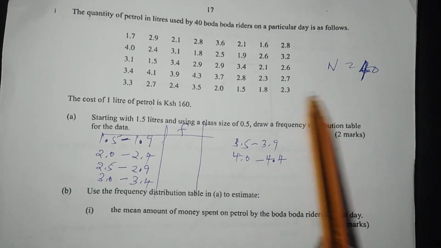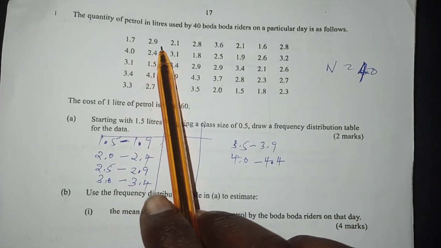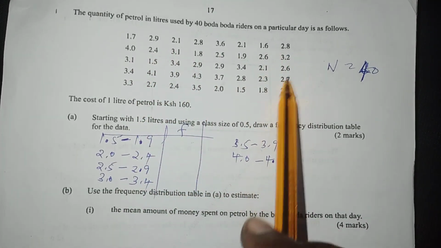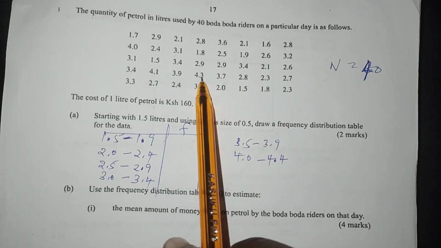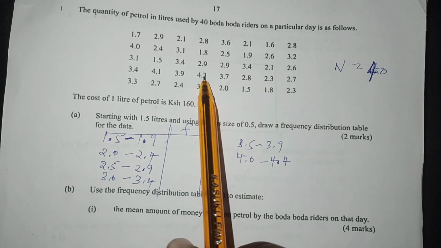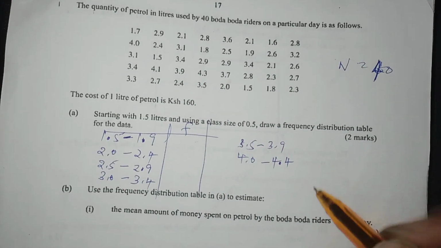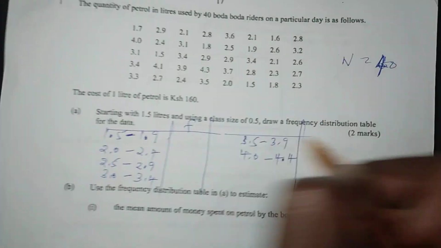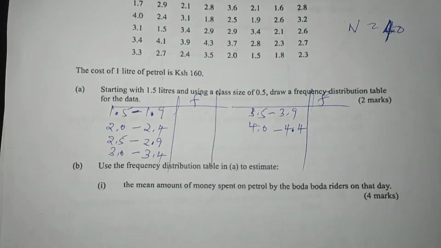So the lowest value accommodated is 1.5, and the highest is 4.3, so you can go up to 4.4. Then we have the frequency.